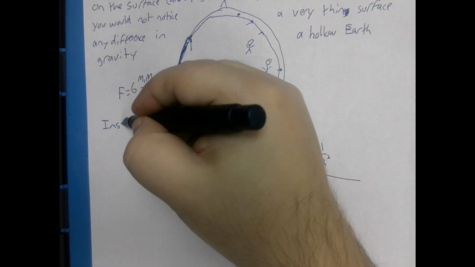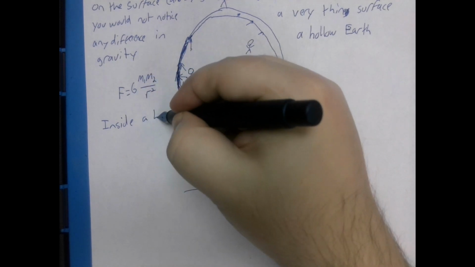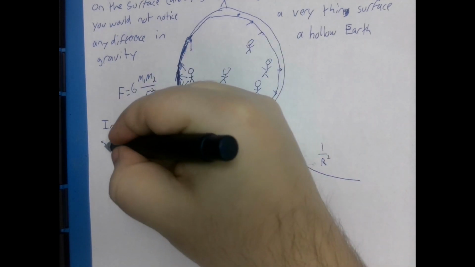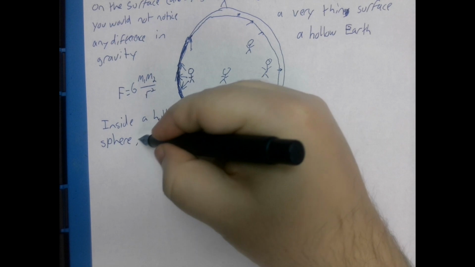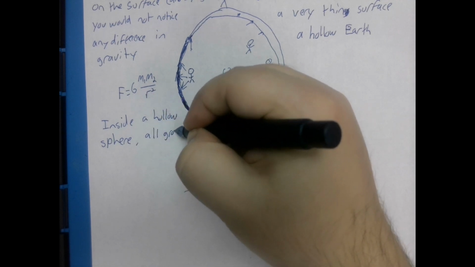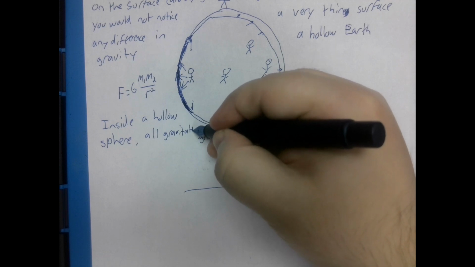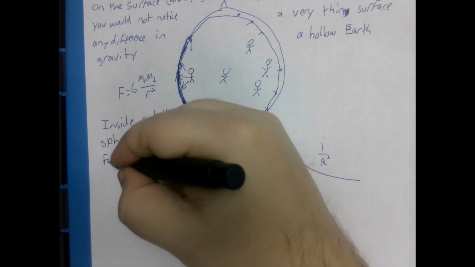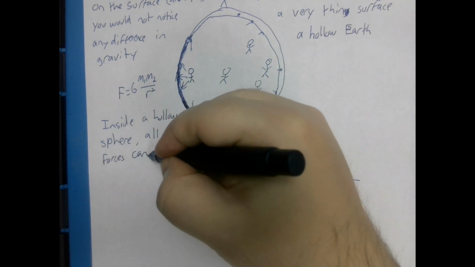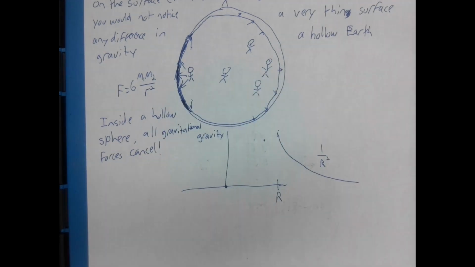Inside a hollow sphere, all gravitational forces cancel. So inside a hollow sphere, you would float around.